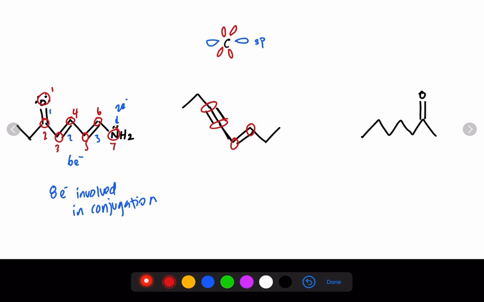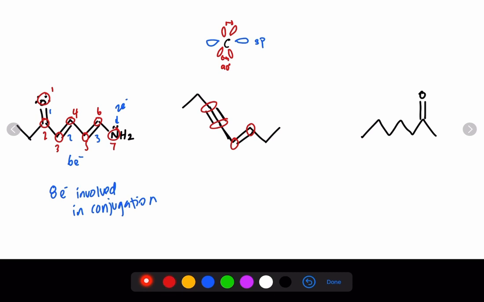However, only one of the p orbitals in each atom will be able to participate because the p orbitals have to be adjacent between all the atoms participating in conjugation. The second p orbital is rotated 90 degrees, so it is perpendicular to the first p orbital. Thus, it will not be adjacent to the rest of the p orbitals.